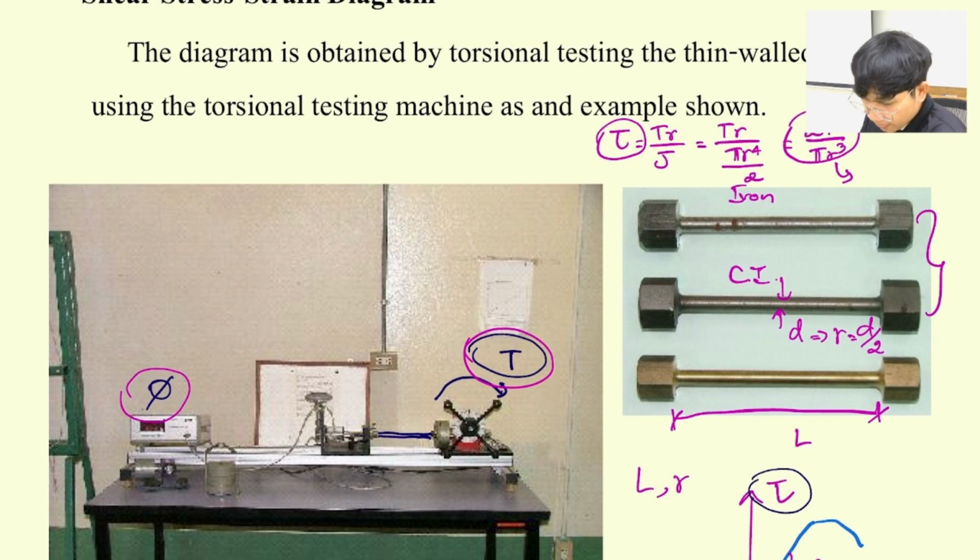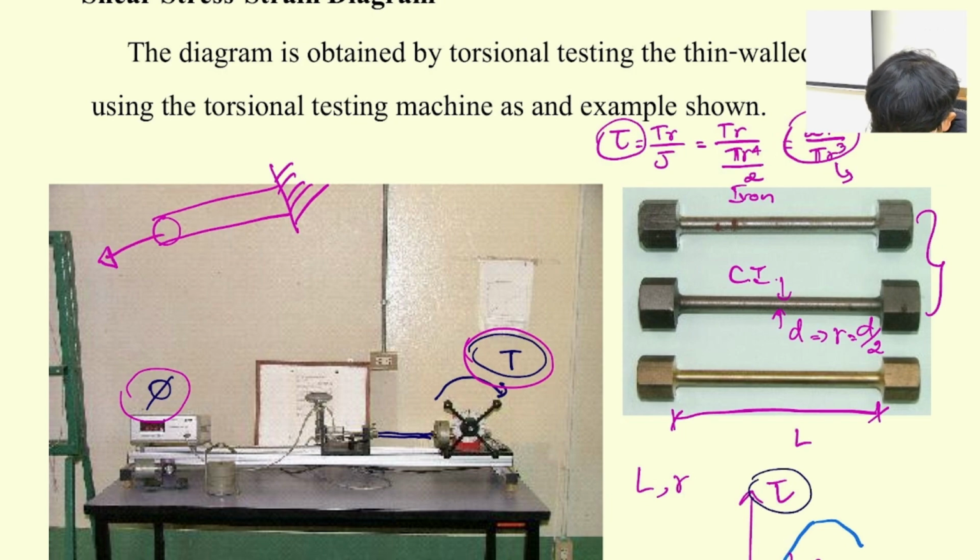So when you apply the torque, or when you test for the torsion, you're going to apply the force like this, T. Okay, so what happens to the sample is the inner grain from the middle over here is going to rotate, and the shear strain is going to occur here. Okay, and the shear strain is going to depend on the length L, which you already measured at the start.